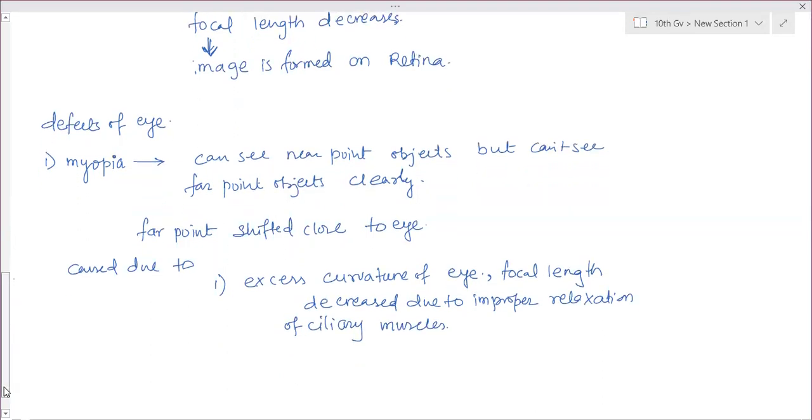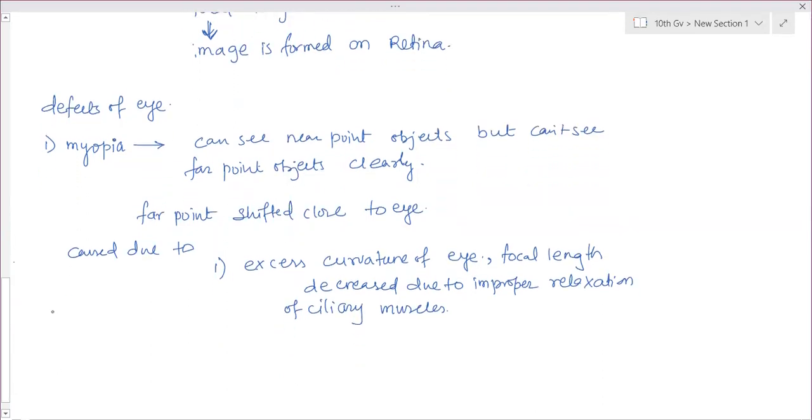That means the lens is thicker. It is not able to become thinner because the ciliary muscles could not relax fully and are not able to stretch the lens properly. The focal length, which has to be increased to a maximum value, is not able to increase. It has decreased due to the increased thickness of the eye lens.